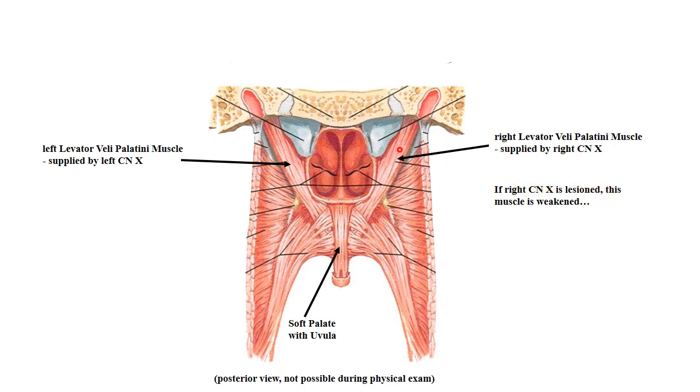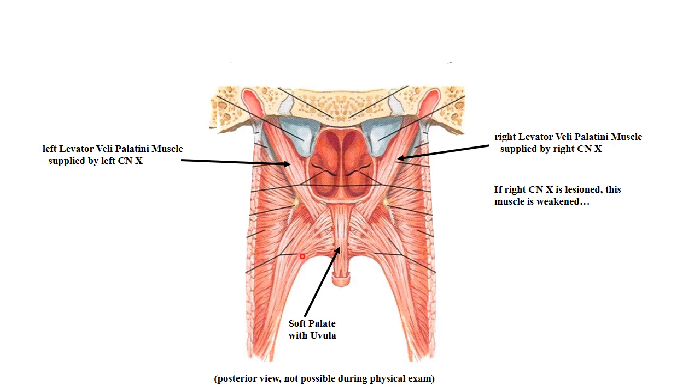So that means there's going to be paresis in this muscle. This muscle is going to be weakened because the right cranial nerve 10 has been compromised, which means this muscle is going to be stronger than this muscle. So the left levator veli palatini is left unopposed or only partially opposed by the right one.